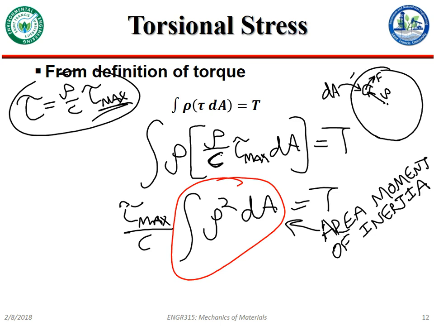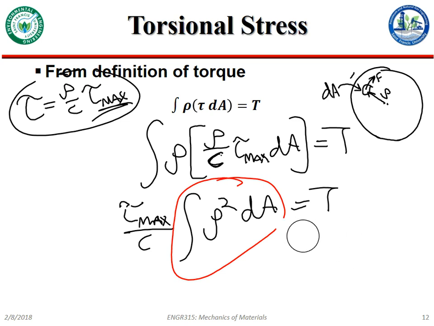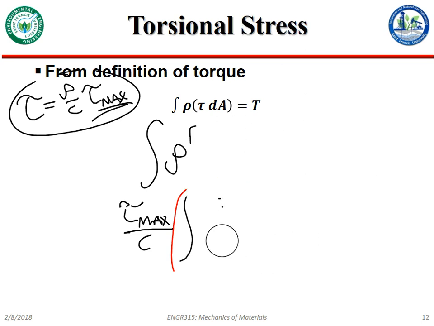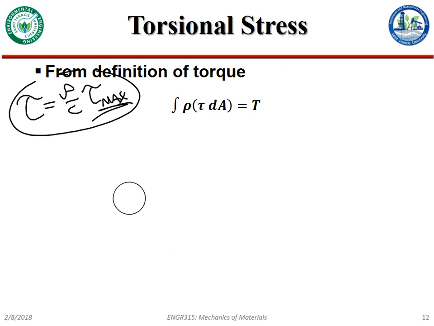They're really straightforward to just look up, and they're for different things. This specific area moment of inertia is something called the polar moment of inertia.